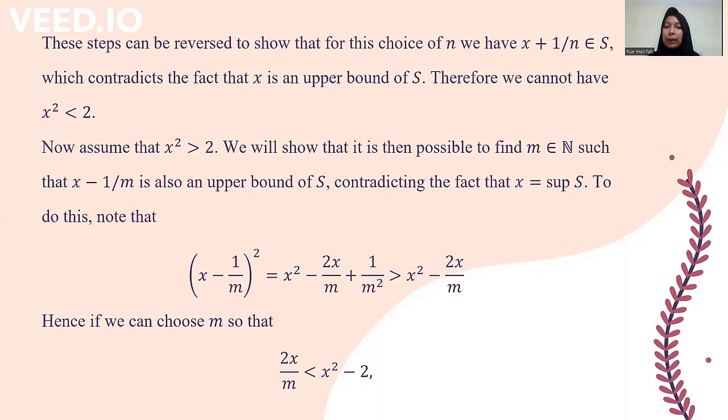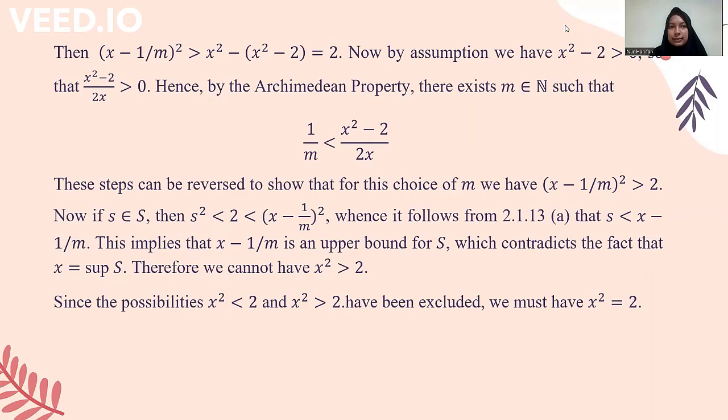Hence, if we can choose m so that 2x over m is less than x squared minus 2. Okay, next slide.